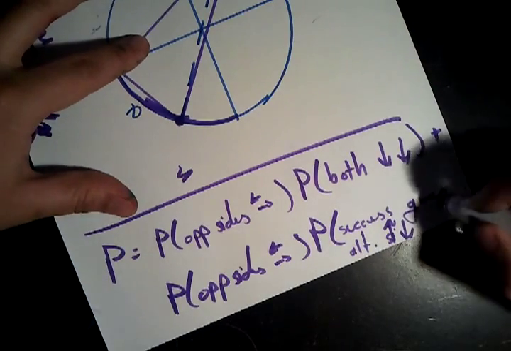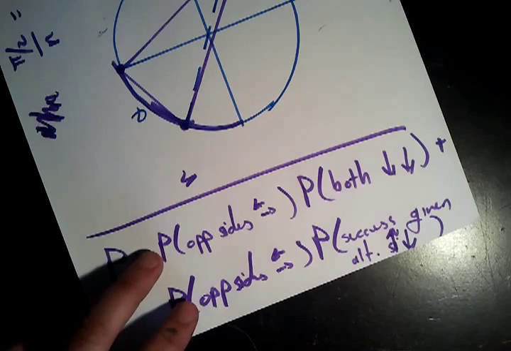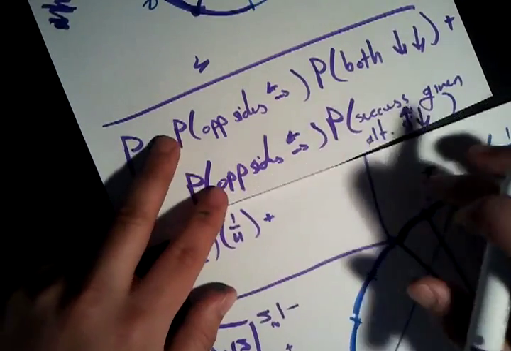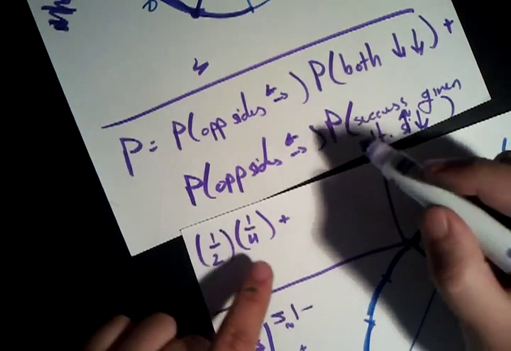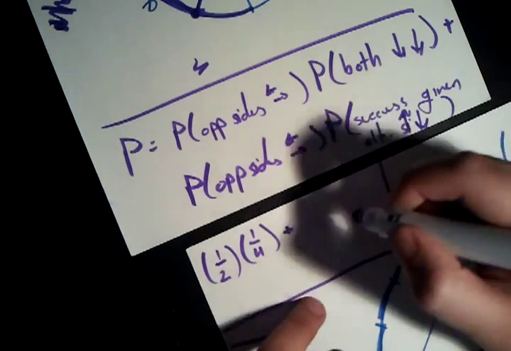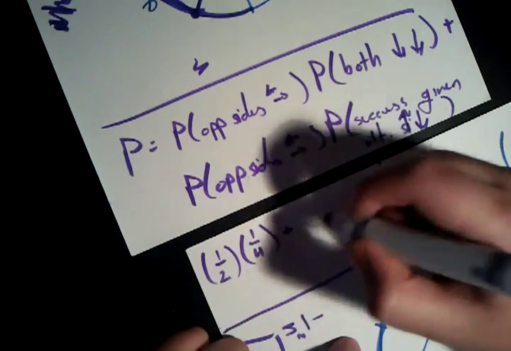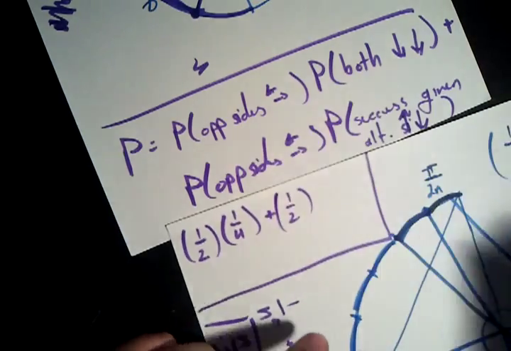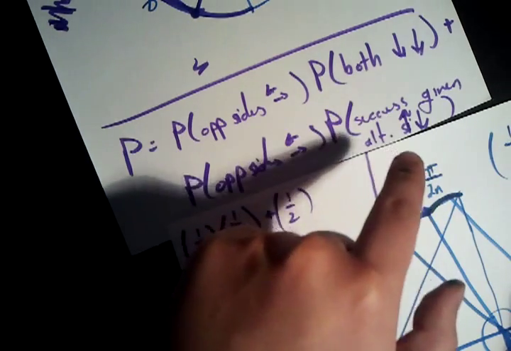So one's on the top, one's on the bottom. So now if we calculate this, the probability of opposite sides is 1/2. Probability of both down is 1/4. Probability of opposite sides, again, is 1/2. And probability of success given up, down.